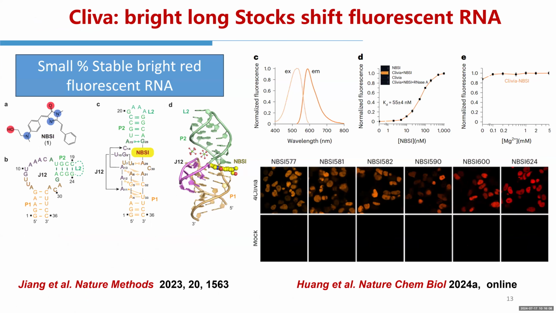We reported Cleaver, a bright, long Stokes-shift fluorescent RNA, last year. Cleaver is rather small. Its core structure is only 28 nucleotides. It binds the NBSI fluorophore and shows orange to red fluorescence. Cleaver showed bright fluorescence in cells as its folding was not magnesium dependent.